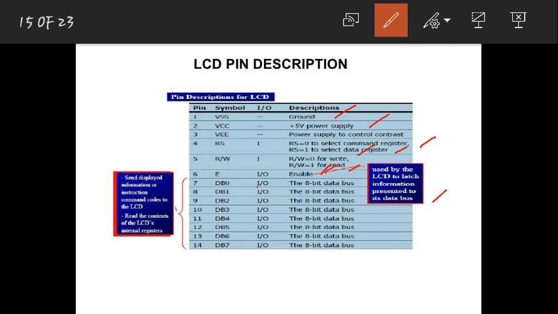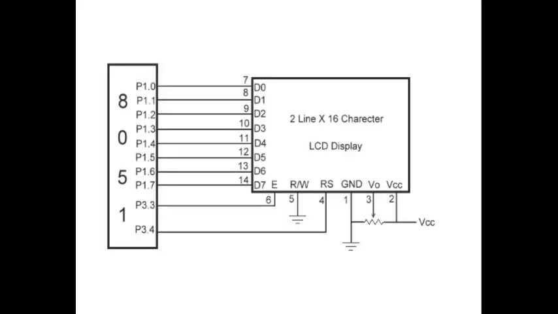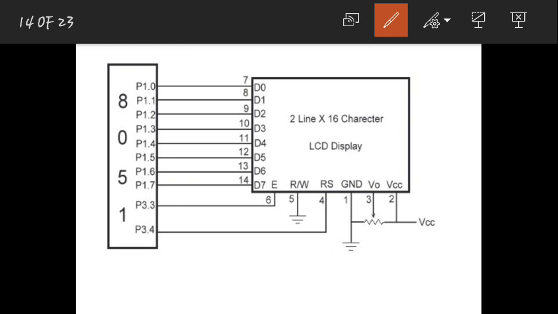Next, these are all the 8 pins of the data bus of this LCD. You have a total of 8, DB0, DB1, DB2, 3, 4 up to 7. They are used to send display information or instruction command codes to the LCD, and to read the contents of the LCD. If I select command at RS, whatever I send on this data bus will be a command.